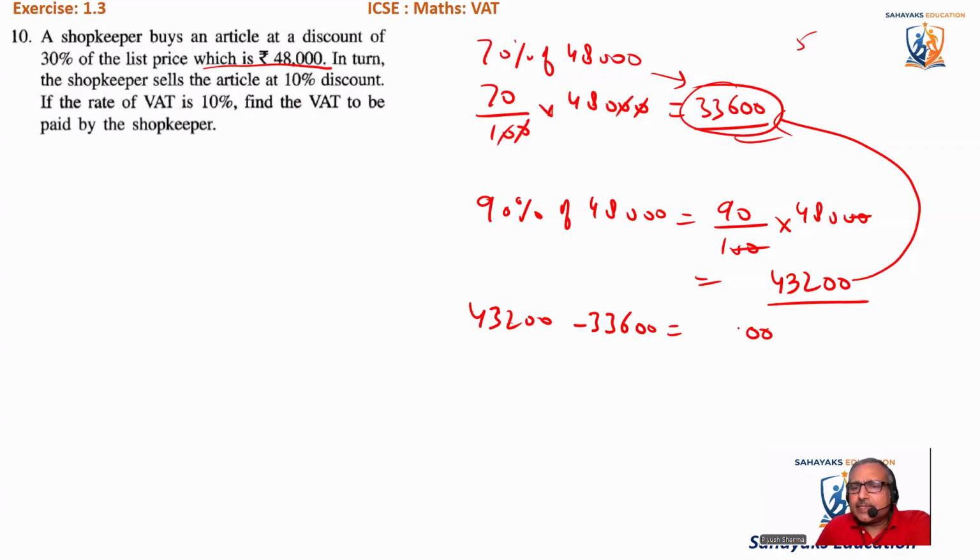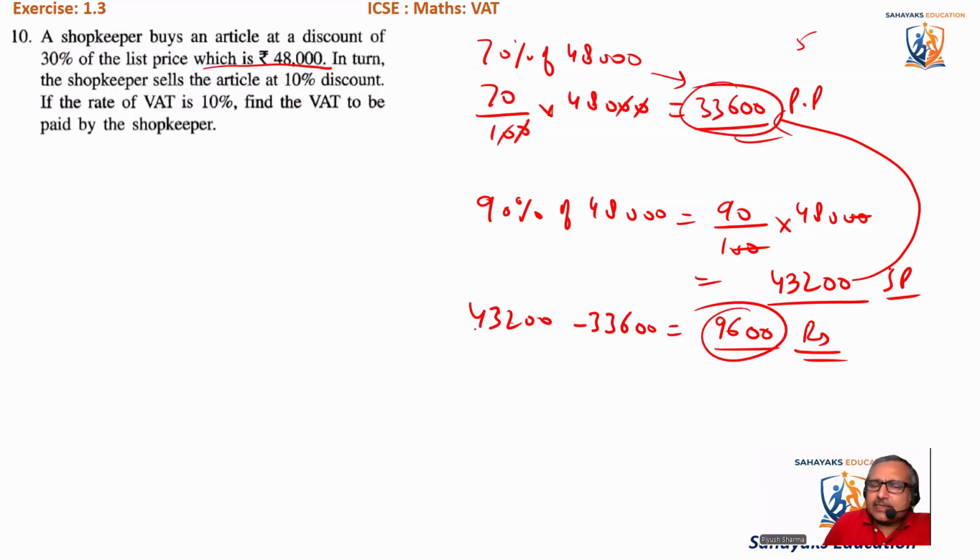Then 2 minus 6 is 6 and 2 minus 3 is 9. So 9,600 rupees is the amount he has increased. This is the purchase price for him, and this is the selling price for him, so he has increased the price by 9,600 rupees.